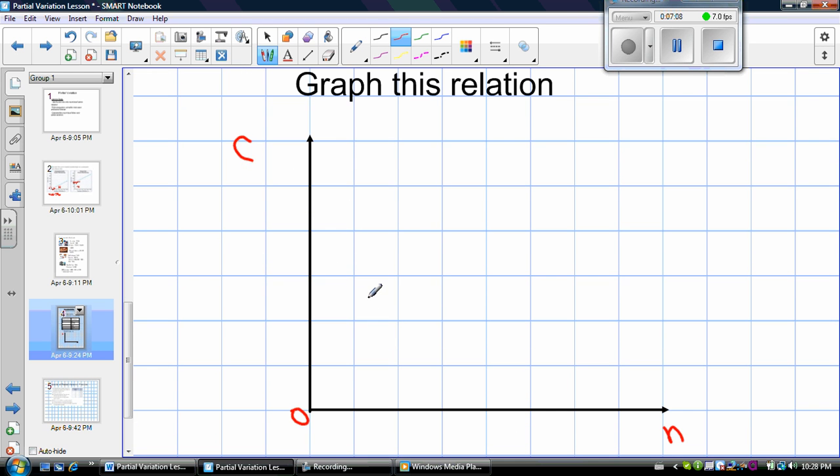I'm going to go up by 5s. No, that's not going to work. I'm going to go up by 10. 5, 10, 15, 20, 30, 35. I can do this. Let me just extend this up.